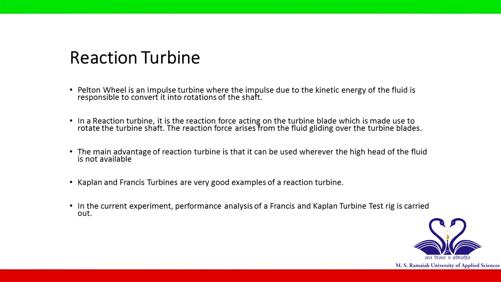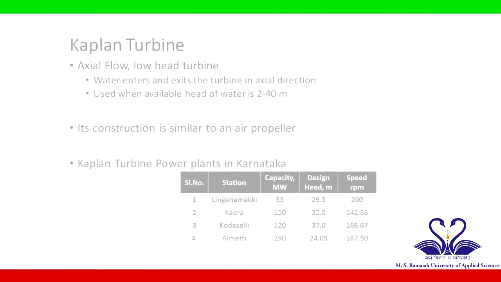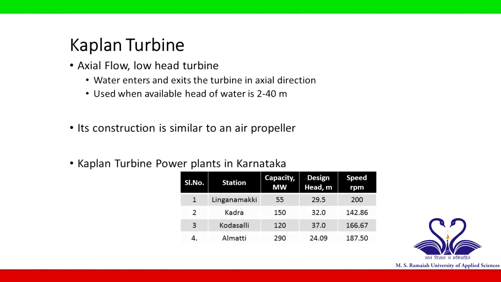Kaplan and Francis turbines are very good examples of a reaction turbine. In the current experiment, performance analysis of a Francis and Kaplan turbine test rig is carried out. Kaplan turbine is an axial flow low head turbine.